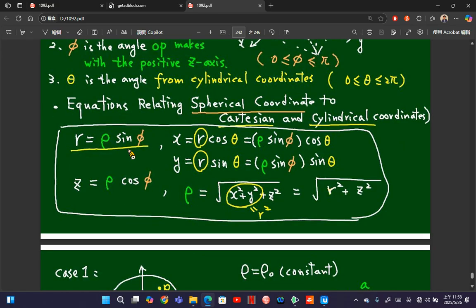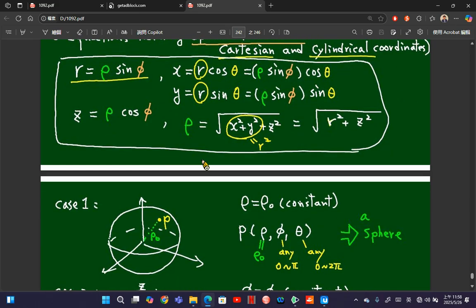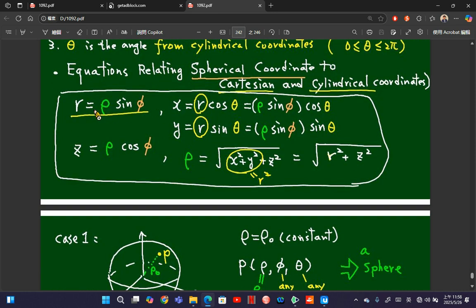Okay, if we want to convert the space point from the spherical coordinates to the Cartesian and the cylindrical coordinates, you need to follow these equations. That's a lot, right? r is equal to rho sine phi, and x is equal to r cosine theta, y is equal to r sine theta.